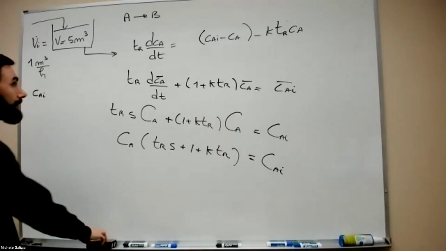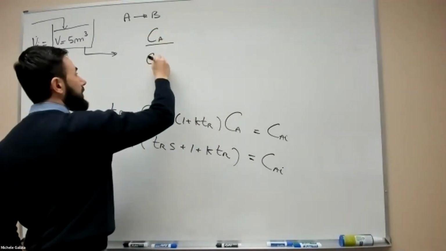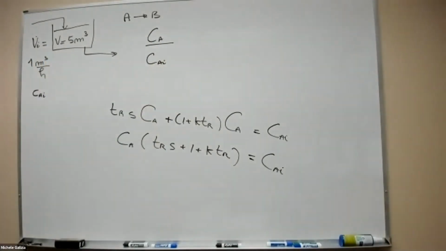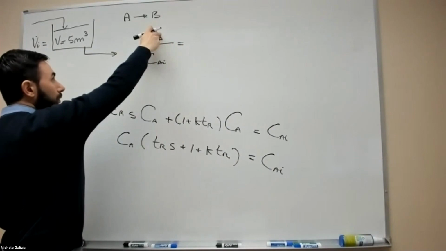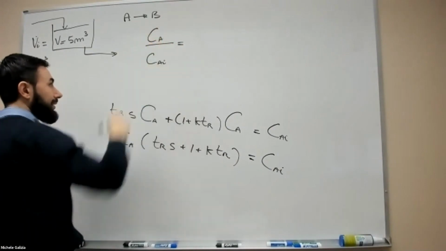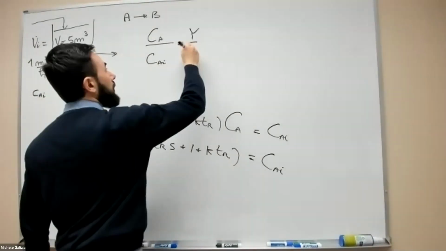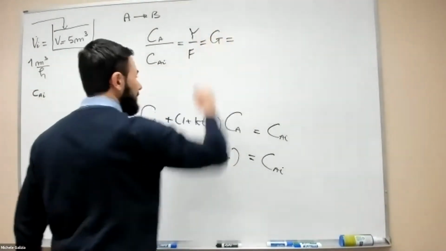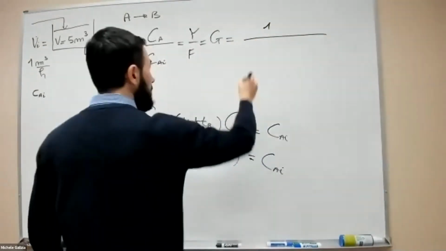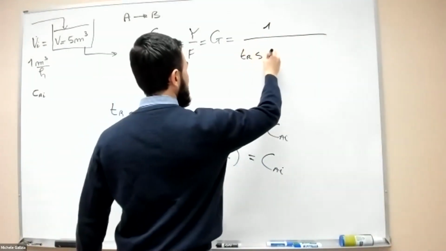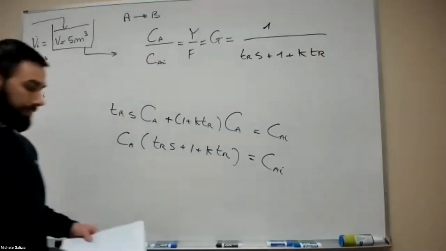Finally, CA over CAI capitalized, the Laplace transform of the output in the deviation variable form divided by the Laplace transform of the input in the deviation variable form, is the transfer function, and will be 1 over TR s plus 1 plus K TR.